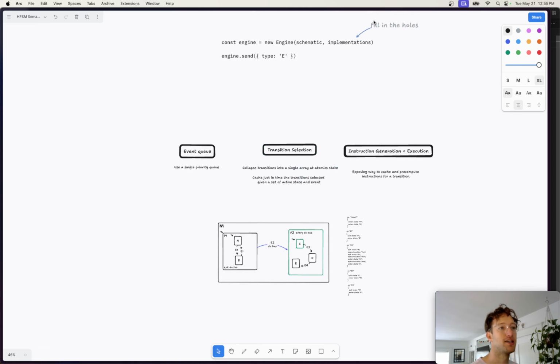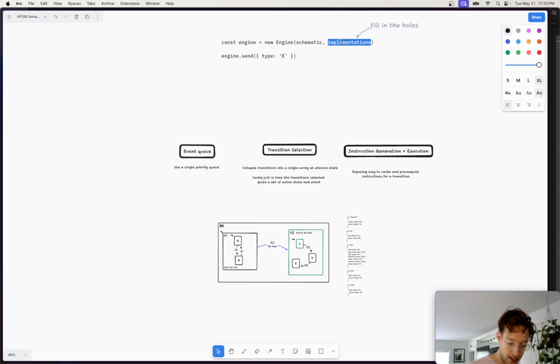First, I'm going to remind you, these implementations are filling in holes for the schematic. The assumption here is that if you forget about implementations for a sec, the engine should never throw an error if it's implemented correctly.